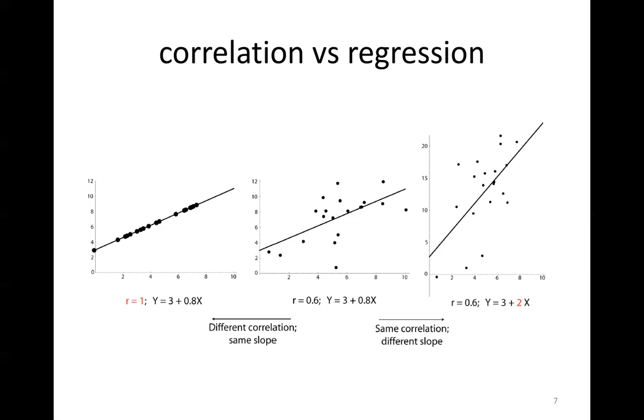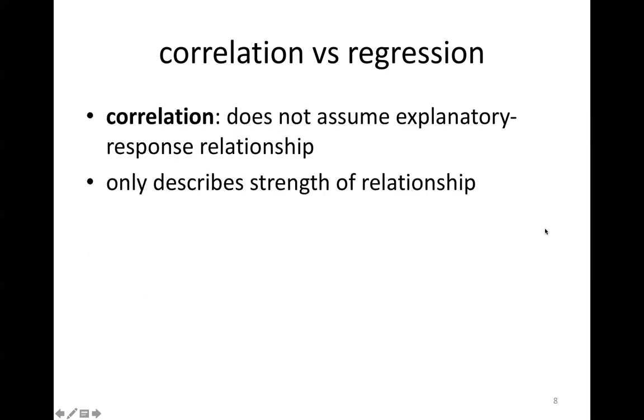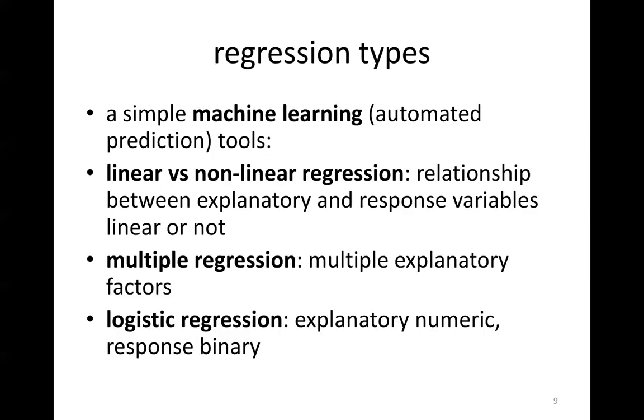It turns out to be the same between this one and this one. Correlation doesn't assume an explanatory-response relationship. There's no hierarchy between the two variables. It only describes the strength of relationship, the strength of coupling.